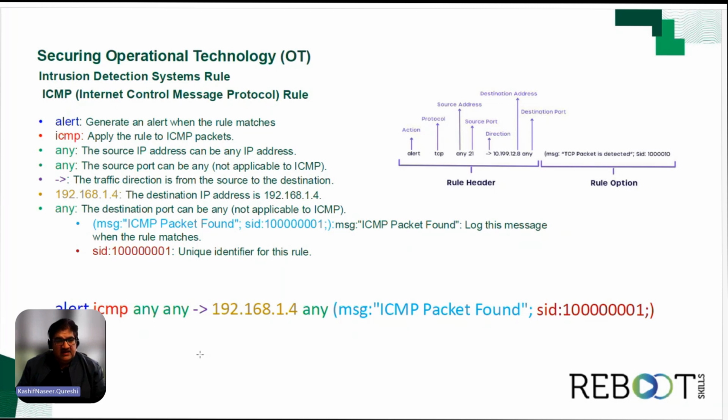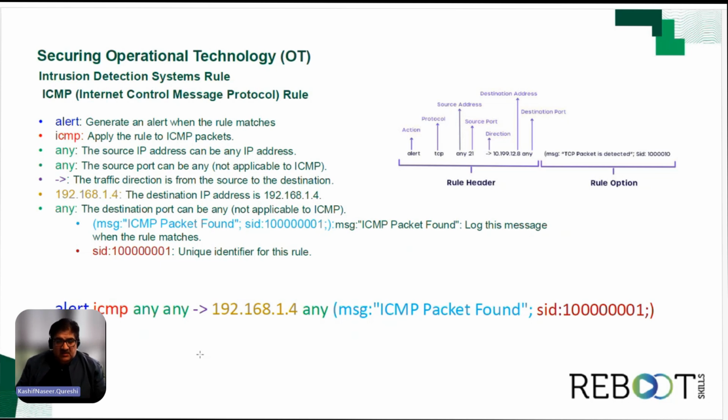And then the any and any: we specify the source IP address here and the source port here, and it can be any IP address. This part of the rule indicates that the source IP can be any IP address, and making this with any makes the rule broadly applicable. It will detect any type of traffic which is coming from any system.